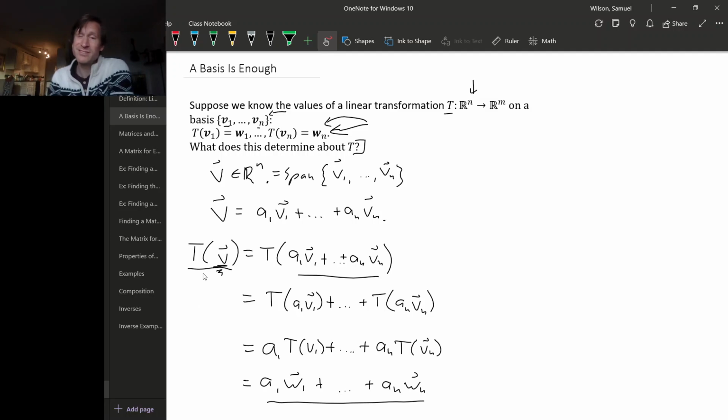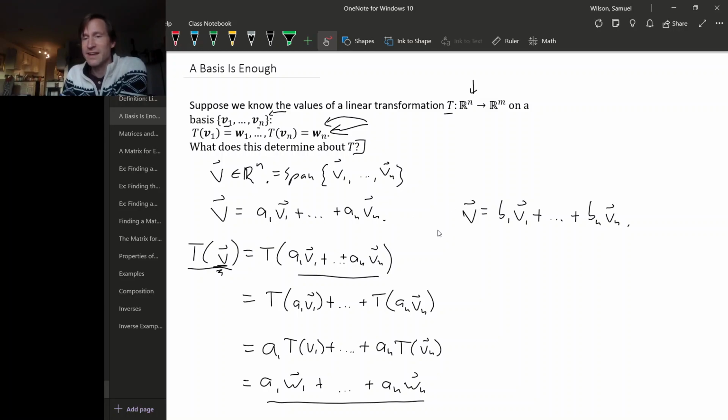There's actually one slightly subtle thing here, which is what if we expressed v as a linear combination of all the other v's in a different way, right? We've seen that it is possible to have two different ways to express a vector in terms of a spanning set.